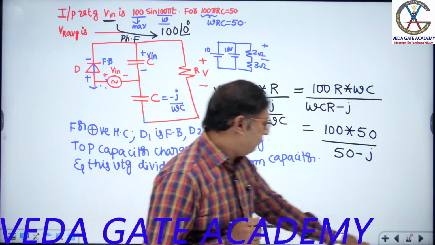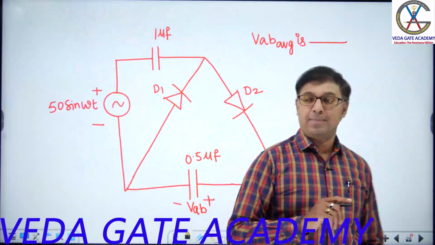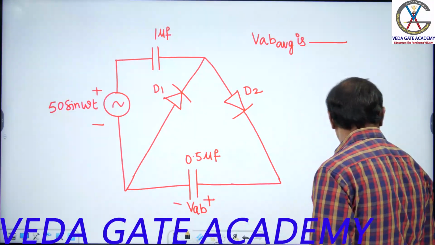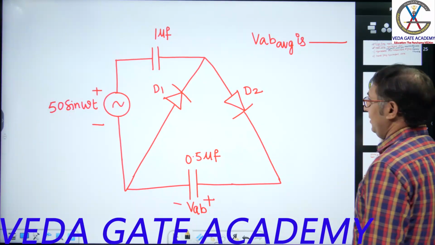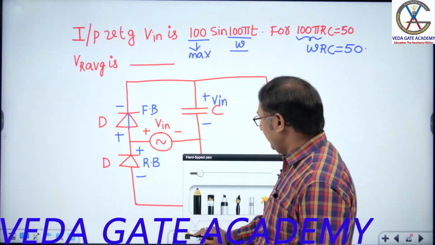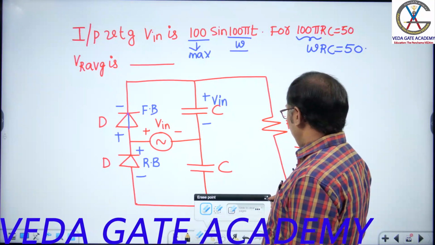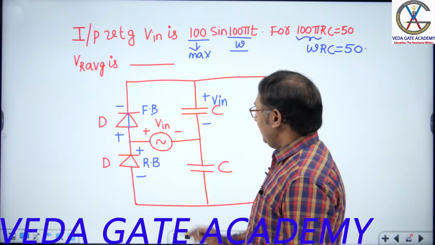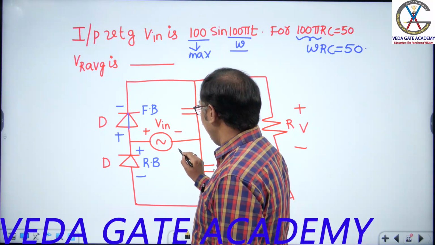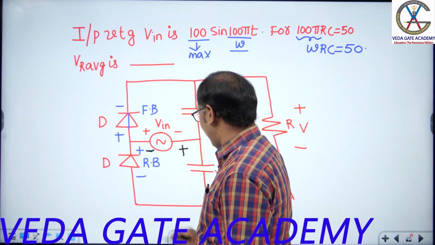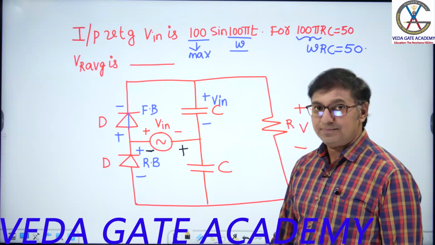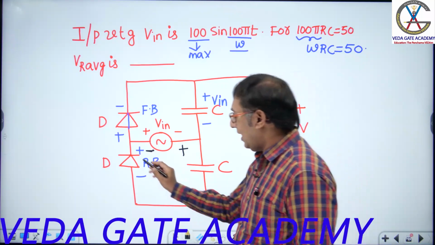Now let us go with the negative half cycle. Please tell me, in the negative half cycle, this is plus and this is minus. What happens?